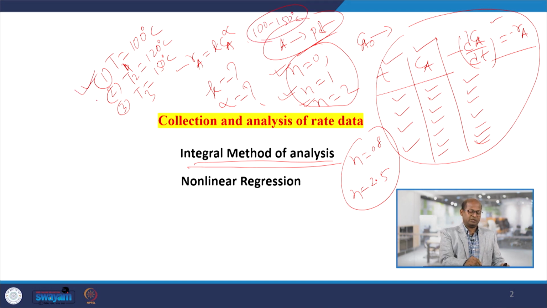Then we can also find the activation energy by getting the reaction rate constant at different temperatures, that we will discuss later.